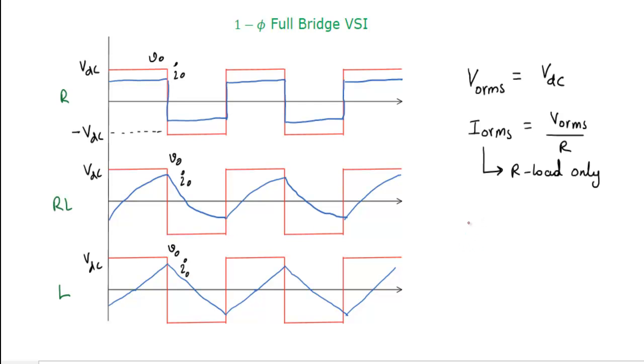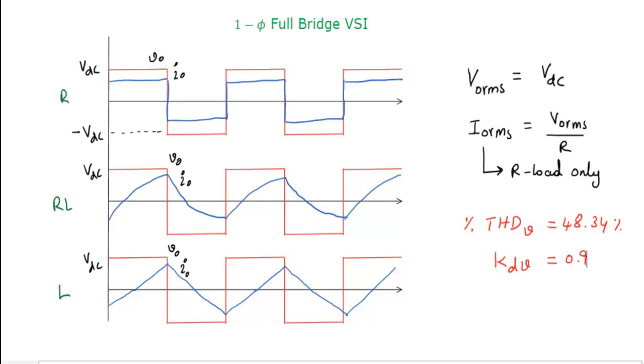Here the shape of the waveform is similar to the half-bridge inverter. That's why percentage THD in voltage will be equal to 48.34%. And if you want to calculate the distortion factor for the voltage, it is 0.9, that is nothing but 2 root 2 by pi.